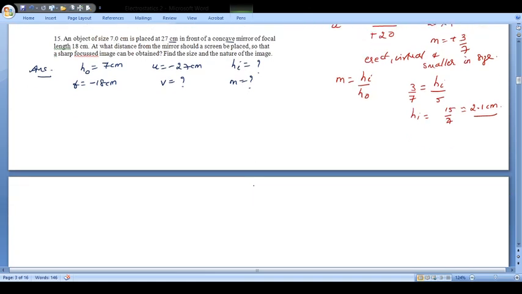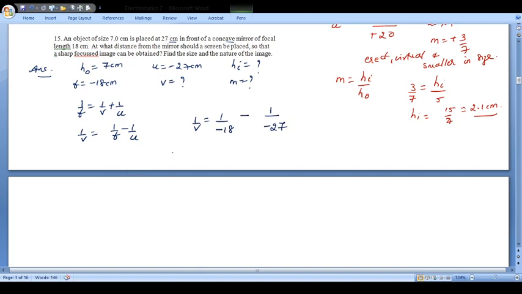Now see, again we are going to use the formula 1 upon f is equal to 1 upon v plus 1 upon u. So 1 upon v is 1 upon f minus 1 upon u. F is how much? Minus 18. And u is minus 27.